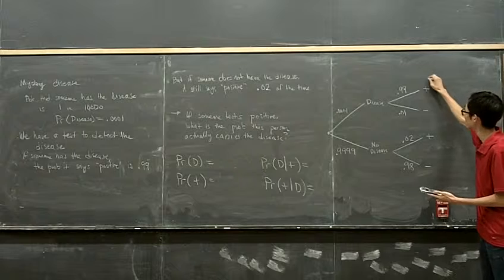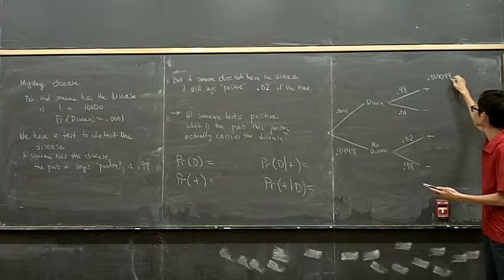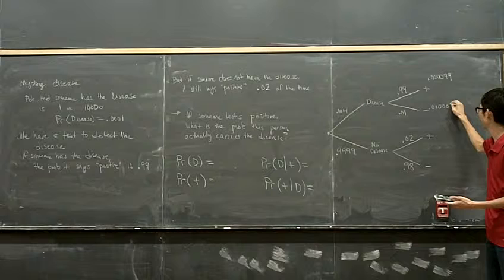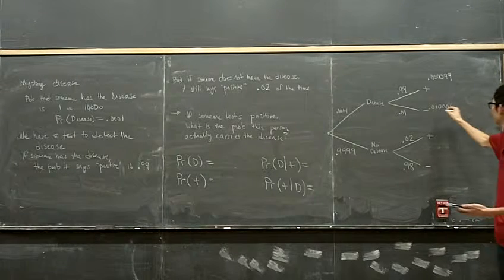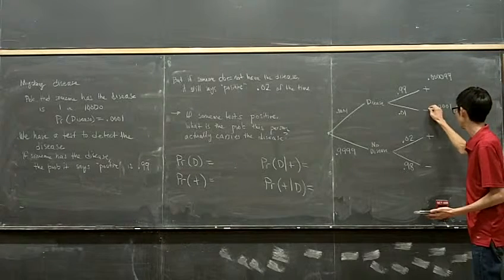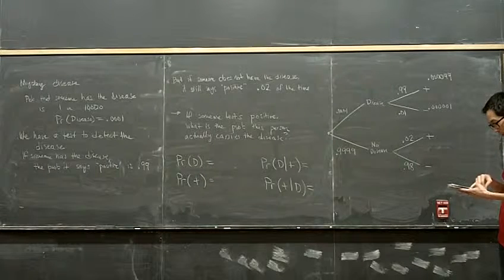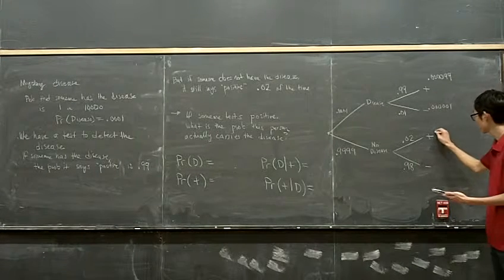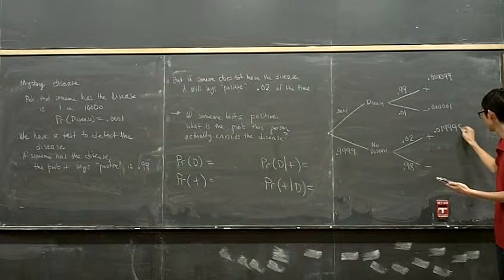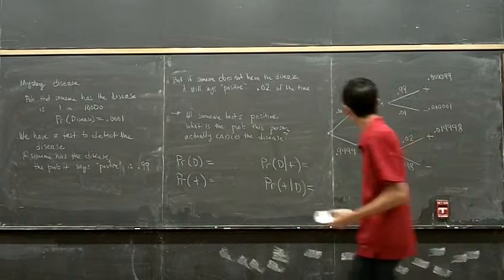It's going to be 0.000099, 4 zeros then 99. And over here, 5 zeros and then a 1. And then over here, I got 4 nines times 0.02, so I get 0.019998.